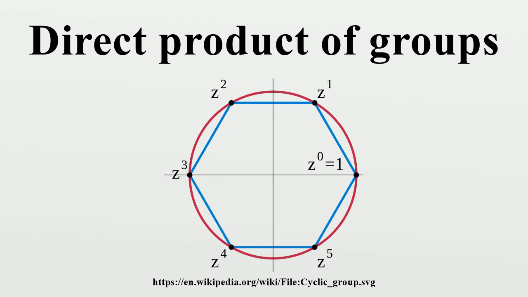Other products, semi-direct products. Recall that a group P with subgroups G and H is isomorphic to the direct product of G and H as long as it satisfies the following 3 conditions. The intersection of G and H is trivial. Every element of P can be expressed as the product of an element of G and an element of H. Both G and H are normal in P. A semi-direct product of G and H is obtained by relaxing the third condition, so that only one of the two subgroups G, H is required to be normal.